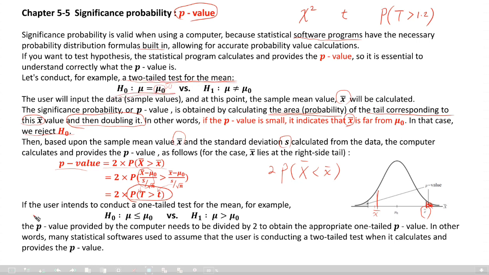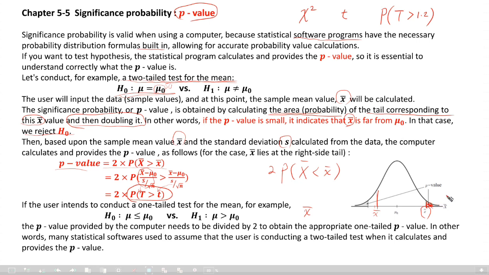No problem. If the user intends to conduct a one-tail test, for example for the mean, H0: mu less than or equal to mu 0 versus H1: mu greater than mu 0, then small x bar should be on the right side tail.